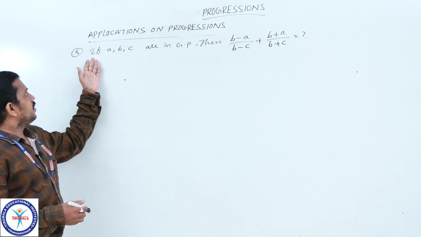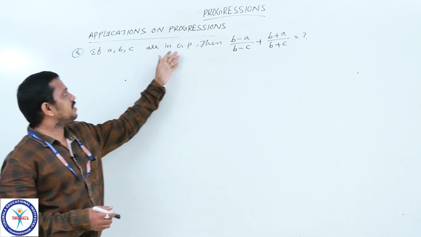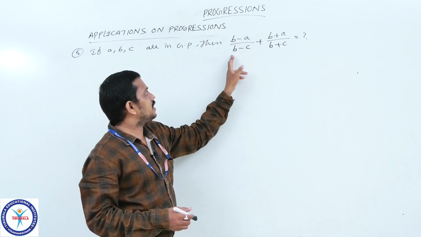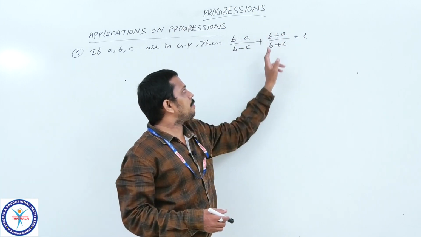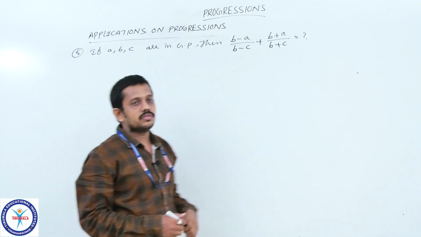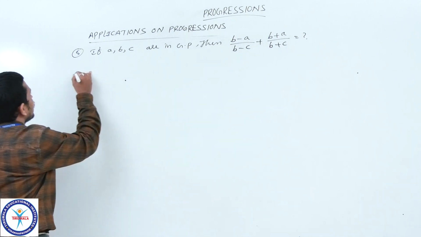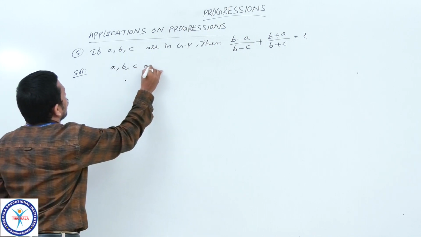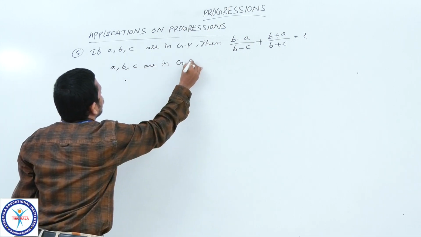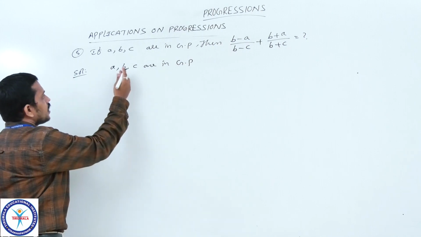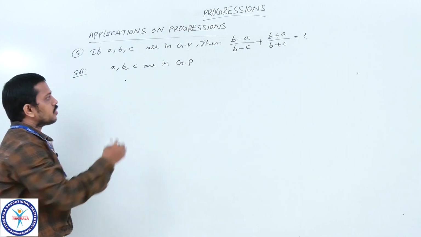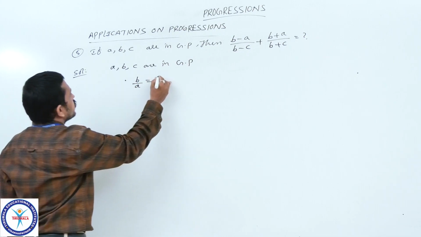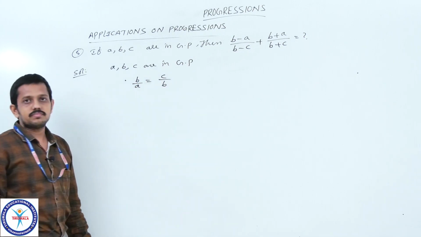Now next problem. If a, b, c are in geometric progression, then (b − a)/(b − c) + (b + a)/(b + c) is equal to what value? So here it is given that a, b, c are in geometric progression. It means that the ratio between any two consecutive terms is constant. So b/a = c/b.